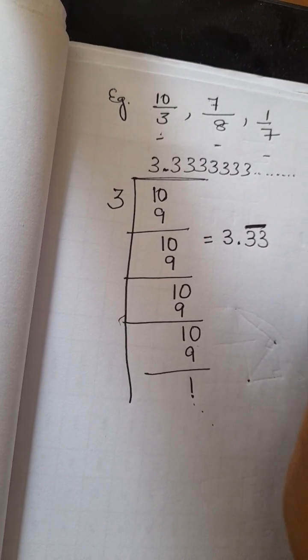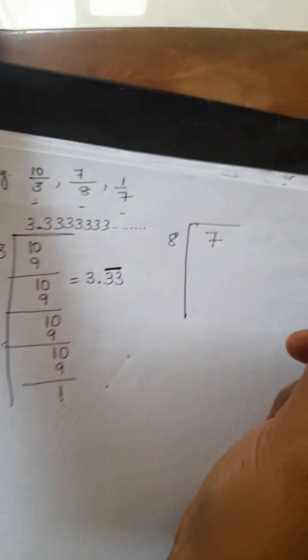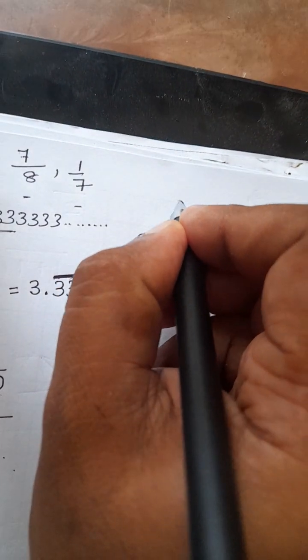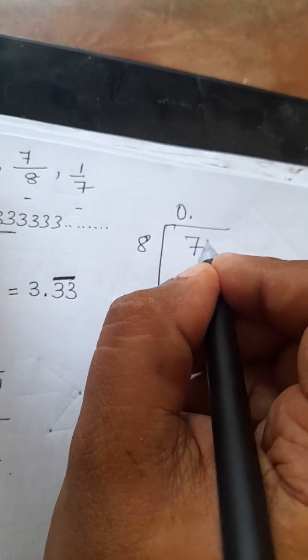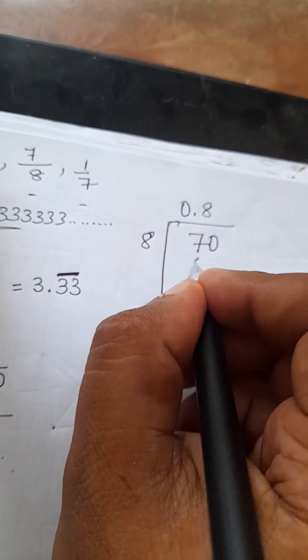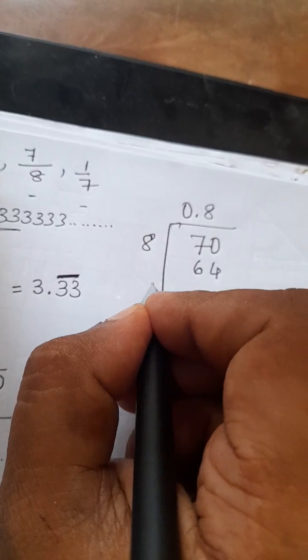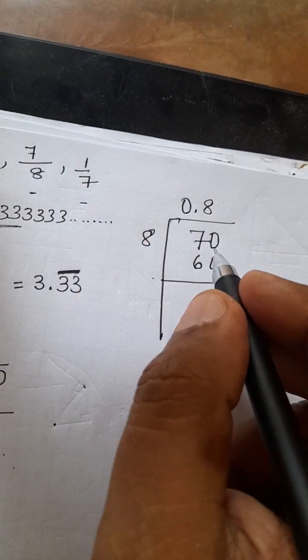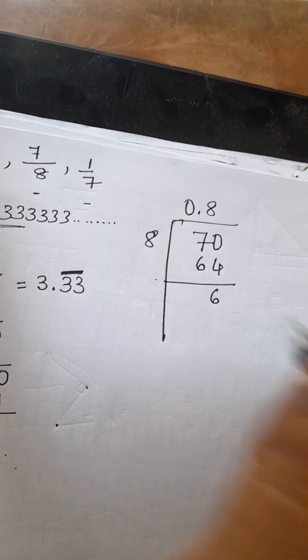Now let us take the second example, 7 by 8. I have taken 7 divided by 8. It does not go, so I put 0 and a dot. 8 8s are 64, so I am left with 6.